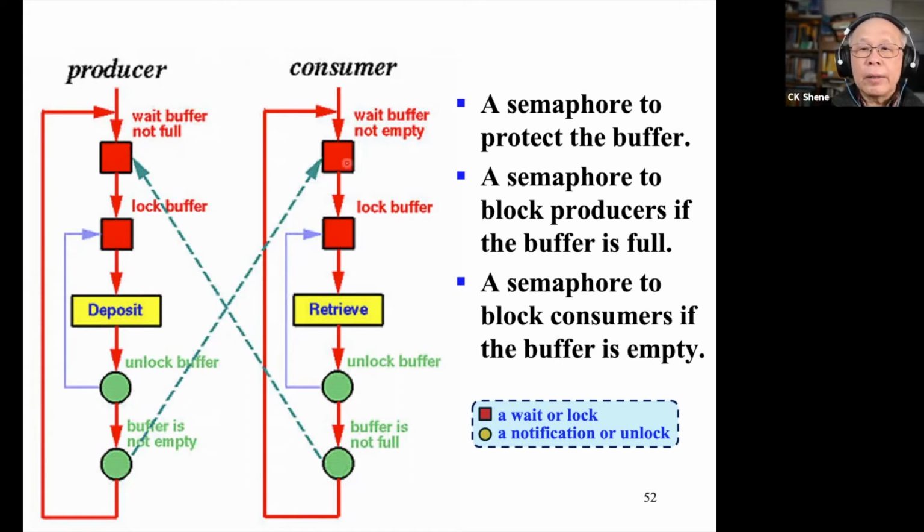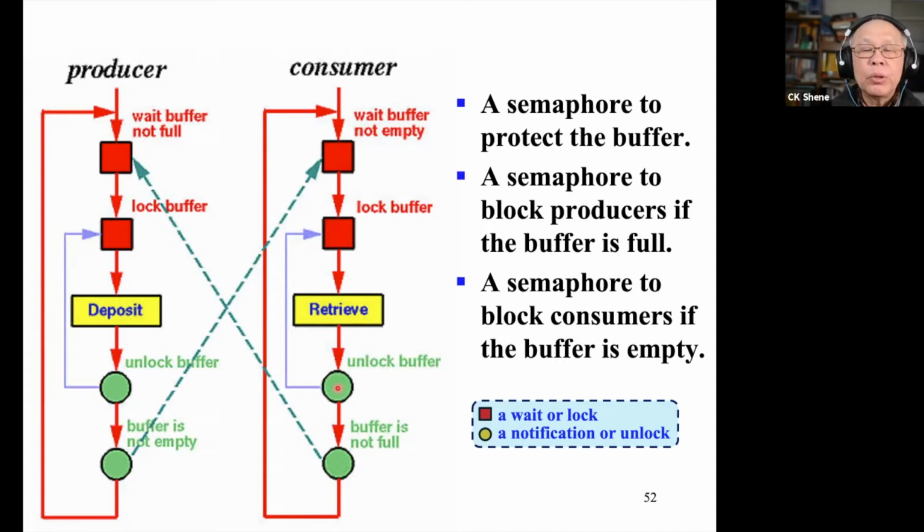Then let's take a look at a consumer. A consumer must wait if the buffer is empty. And if the buffer is not empty, then the consumer proceeds to lock the buffer. If the locking is successful, the consumer can retrieve the information out of the buffer. After that, the consumer unlocks the buffer for the next guy to use. Who could be the next guy?